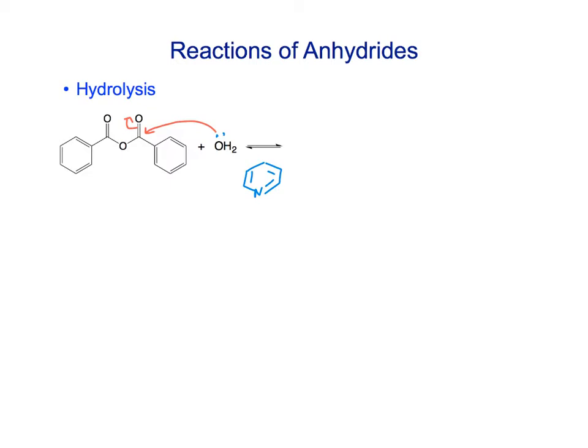We could have a difference in reactivity of the two carbonyls. But usually what we'll be doing is using the symmetrical ones, and it doesn't matter which one we show as the leaving group, which one as the electrophile. Okay, so here we're going to go down to our tetrahedral intermediate.